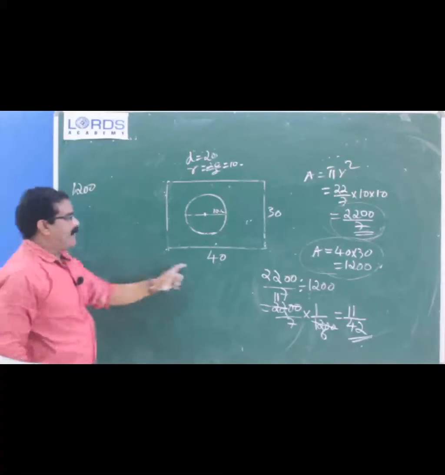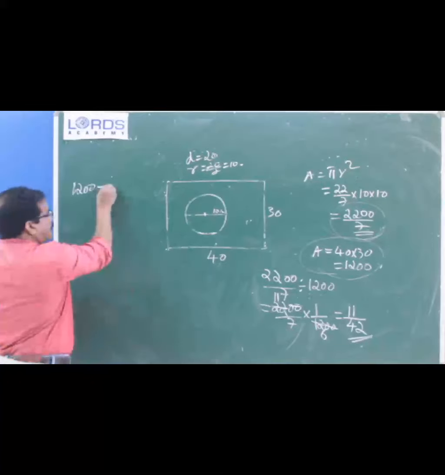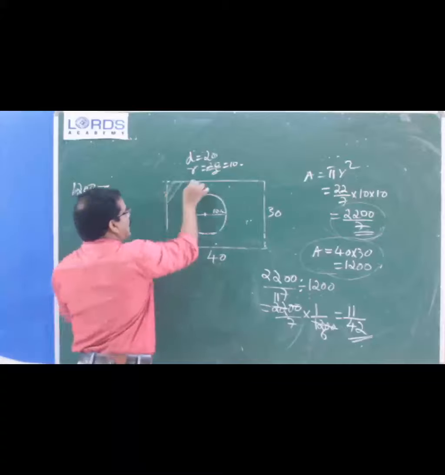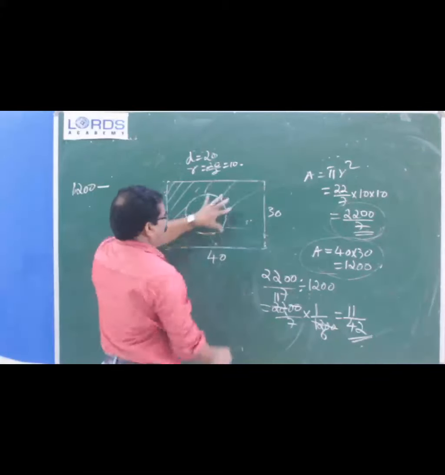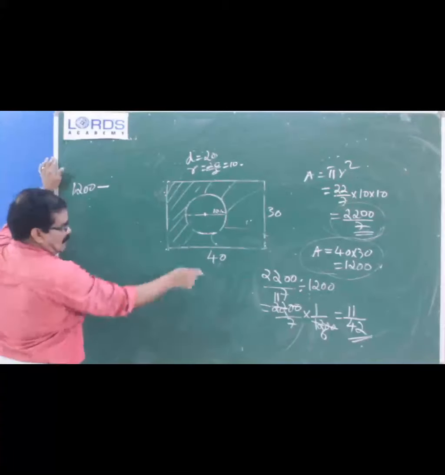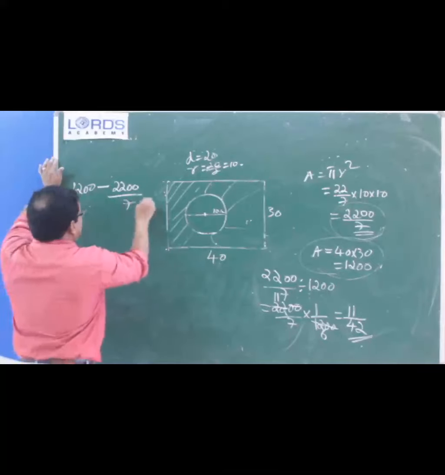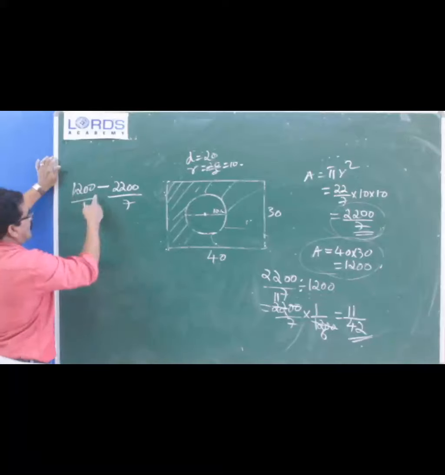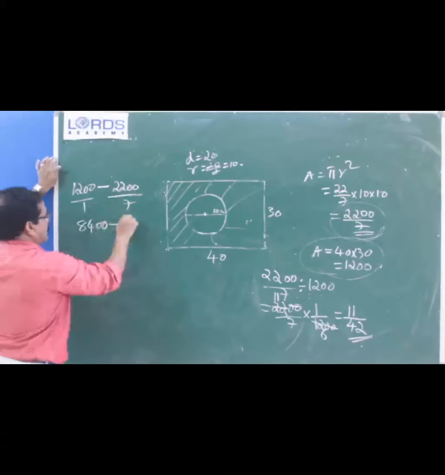The area of the rectangle minus the area of the circle will be the area of this shaded portion. That is 2200 by 7. You take cross multiplication, 7 into 1200, 84, 8400 minus 2200 by 7.